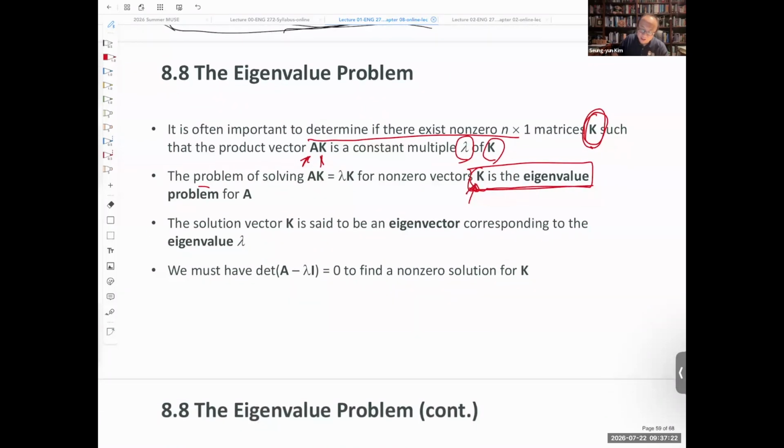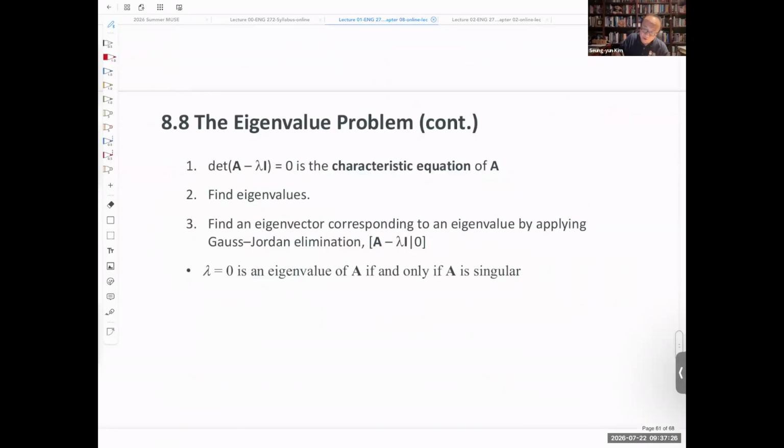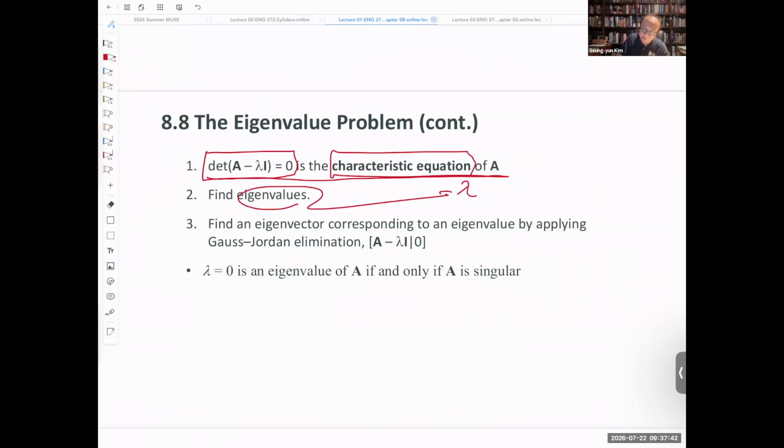So in order to find eigenvalues and eigenvectors, you need to go through two things. First, we use this to find the lambda. This is what we call the characteristic equation. Using it to find lambda gives the eigenvalues.